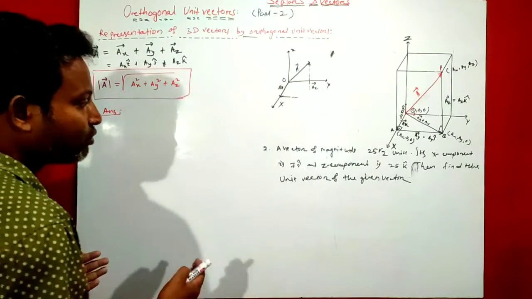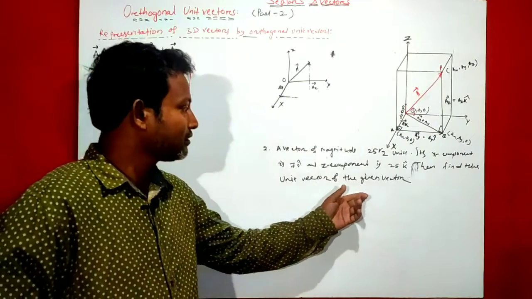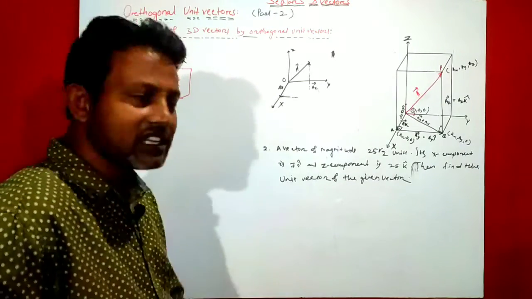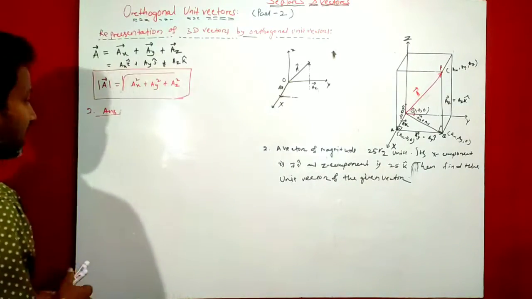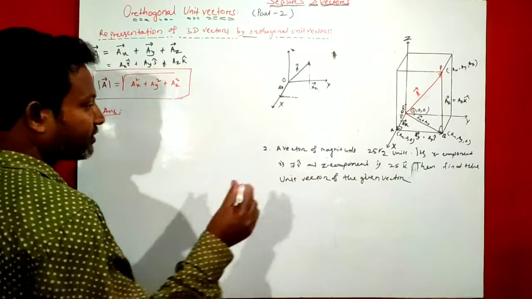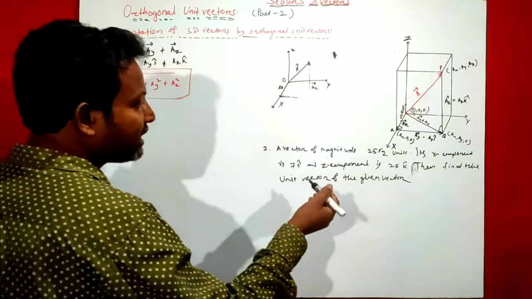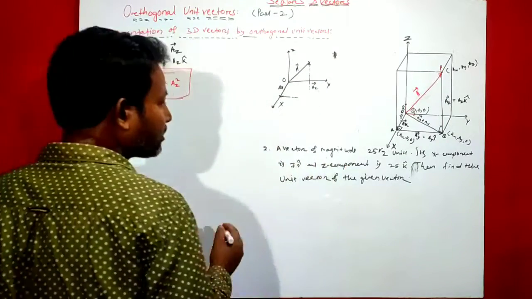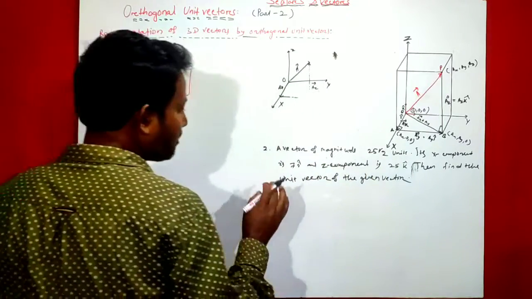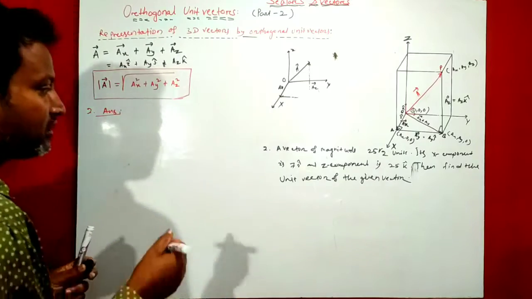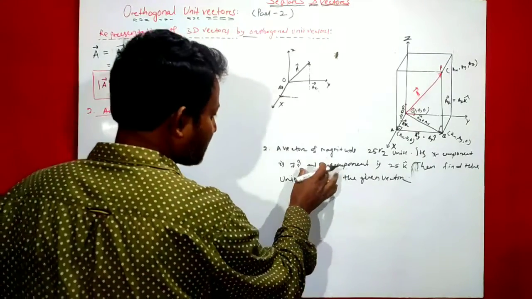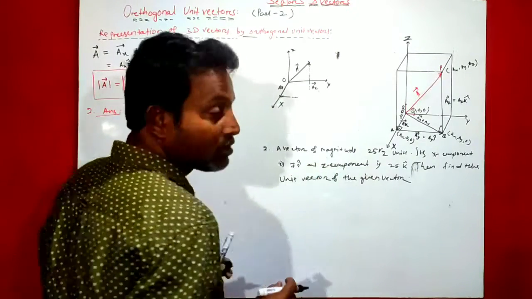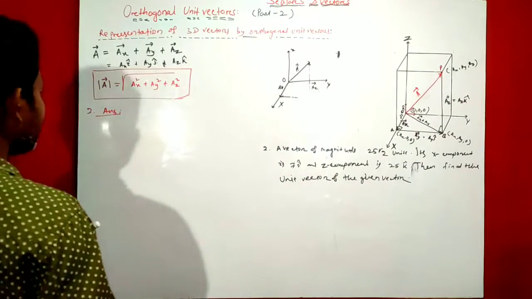Then we can find the unit vector of that vector. First we have to find the y component of the vector. Two components are given, but the second component, which is the y component, is missing. So we have to find the y component.